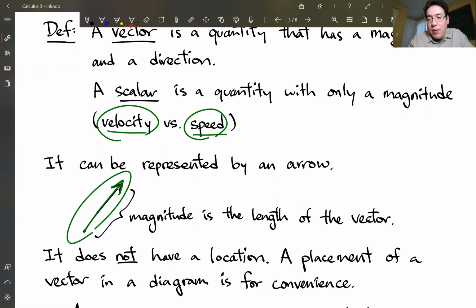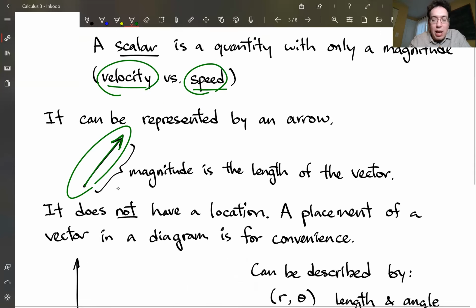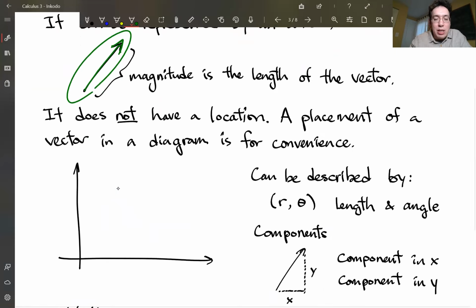When you're thinking about a vector geometrically, you don't have to think of it as something stationary or glued to a certain point. You can put it anywhere you want and it's considered the same vector. So let's say I have a two-dimensional vector right here.